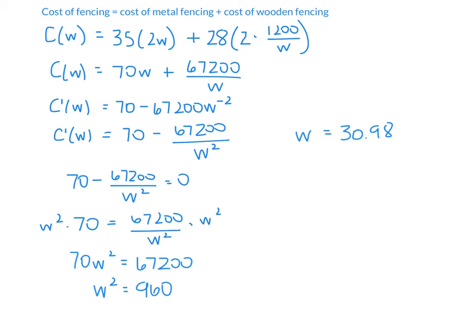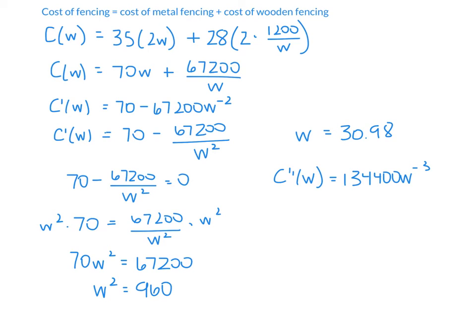Now to verify that this critical value is in fact a minimum, we can look at the second derivative. Taking the second derivative, C double prime, we get 134,400 W to the negative 3.